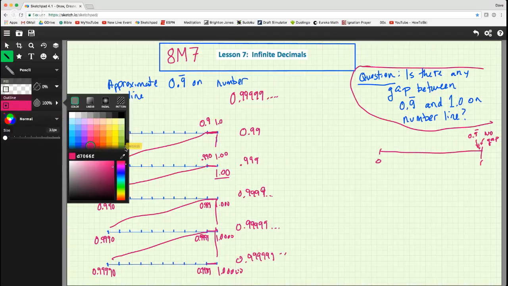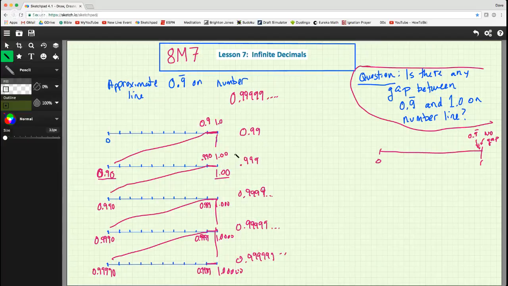So let's ask the question like this: when we're in this range, what is the most distance from 1.0 if the number is on that section of the number line? So follow me here. We only got a couple minutes, and I'm going to try and explain this.